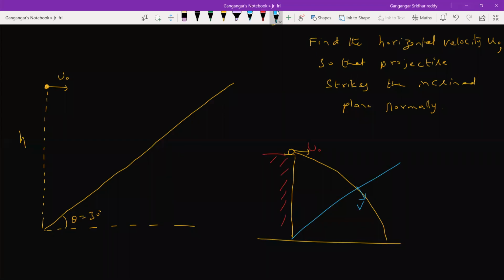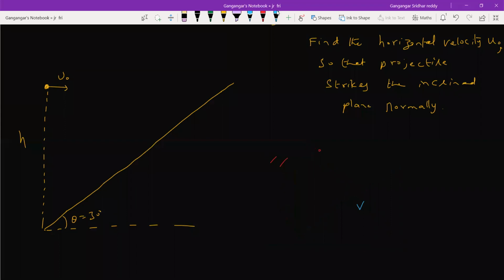So when you project horizontally or at an angle theta, wherever it may be, we know it's going to be a parabolic path due to the initial velocity of projection and acceleration due to gravity. Now bring the inclined plane into the picture and get into the problem. The biggest problem for you is the trajectory, but you already know it will be a parabolic path. So take help of this, draw a rough diagram, then see what you can do with the condition given.